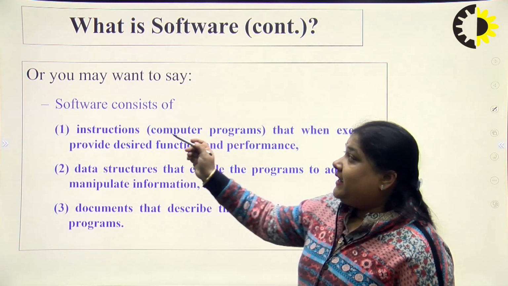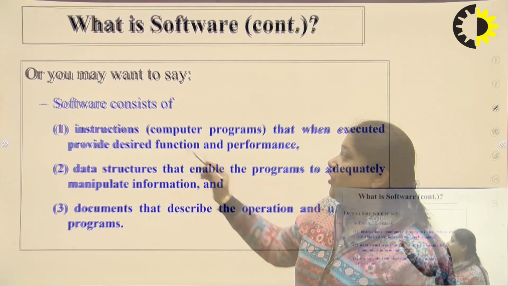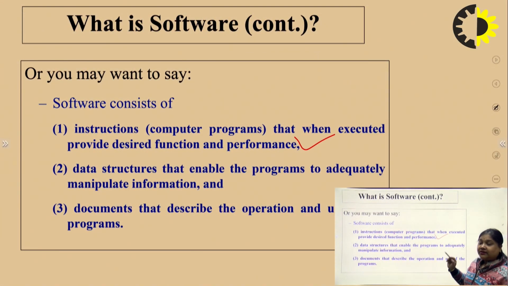Or we can say that software consists of instructions in the form of computer programs, or a set of instructions that when executed provide the desired function or result, in the form of the complete task.